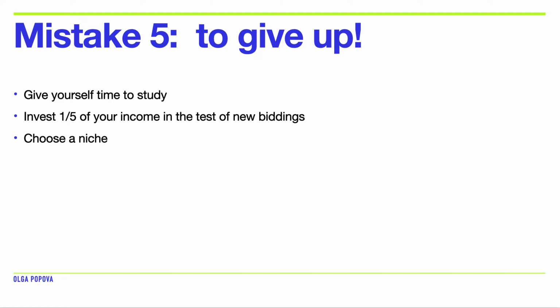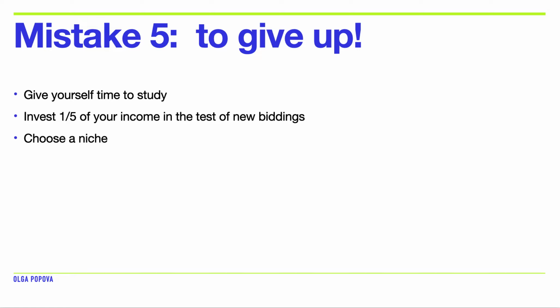Of course you will be trying to get results from advertising campaigns. Of course you want profit, but as you were studying at school, in the university, remember that you need some time to understand new knowledge and to implement this new knowledge in your practice. So first of all, give yourself time.